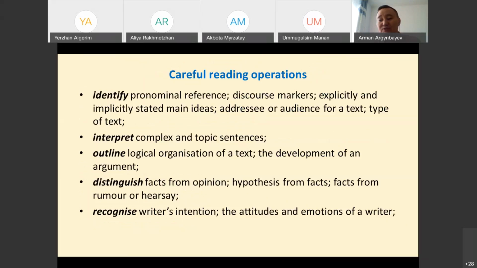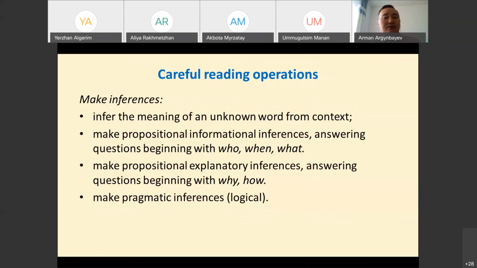Careful reading operations are these displayed here: identify, interpret, outline, distinguish, and recognize. For example, making inferences.